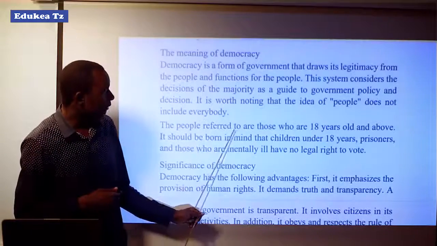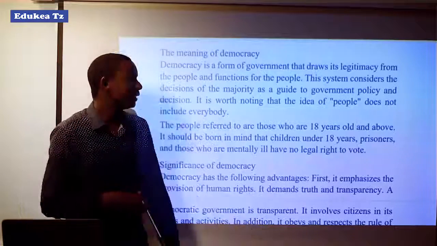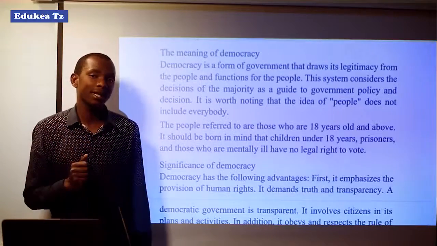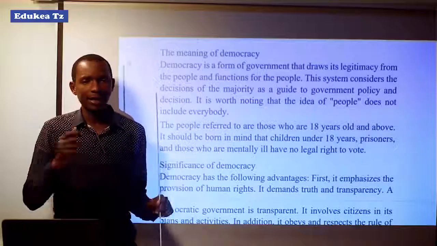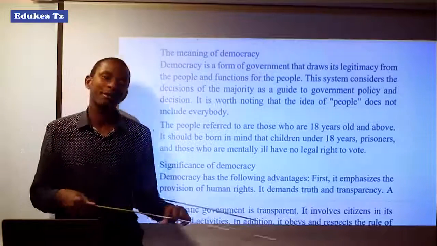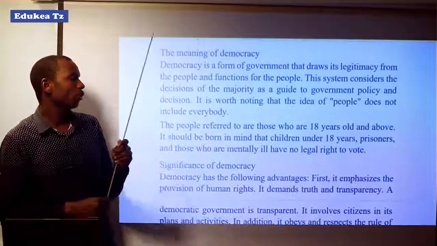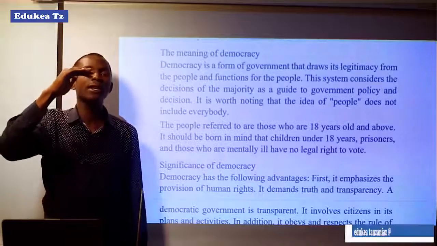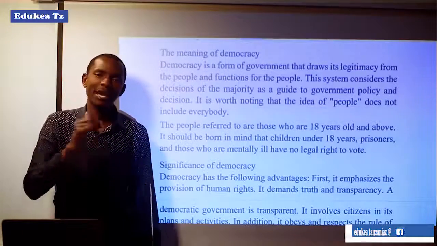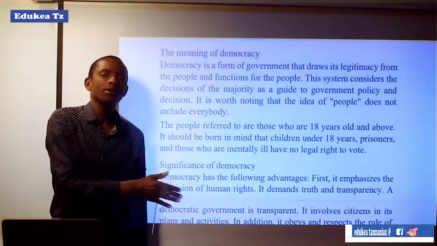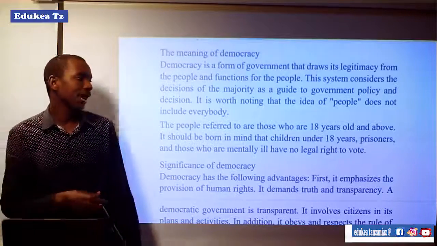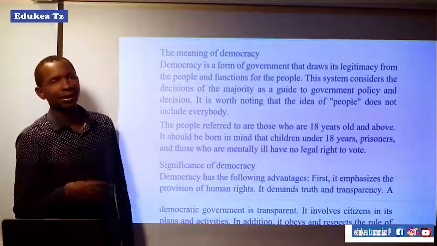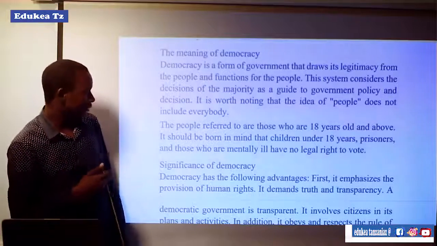The people referred to are those who are 18 years old and above. Any person who is 18 years and above is considered to participate in everything in a democratic government. All those under 18 years, from 0 up to 17 years, are not considered citizens who can participate in a country like Tanzania.